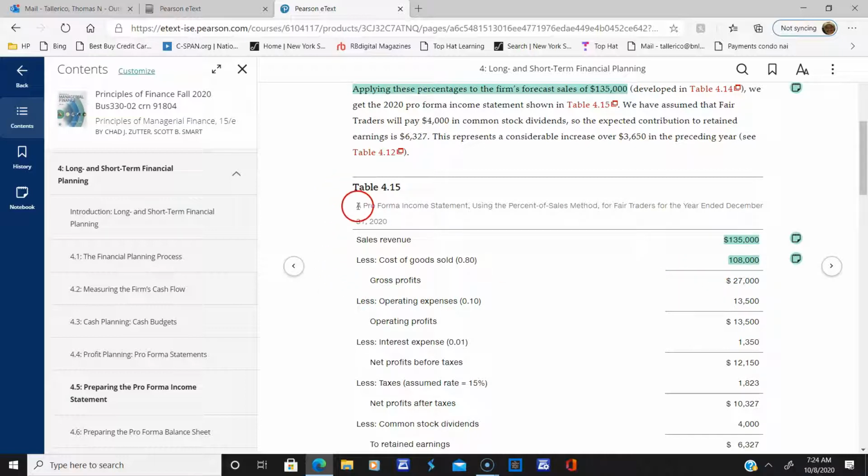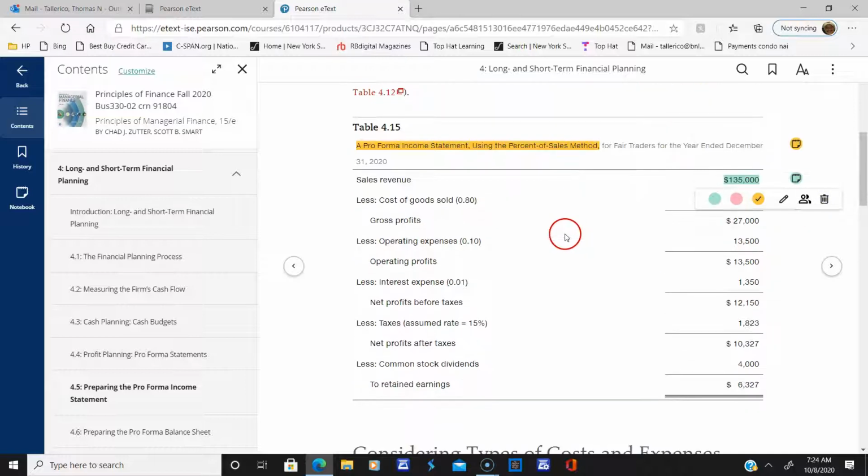Now remember, this is a pro forma or forecasted income statement, and we're using the percentage of sales method that we calculated up on top. Okay? And you just keep applying those percentages. You see, here they are, 80%, right? And 10% is here.